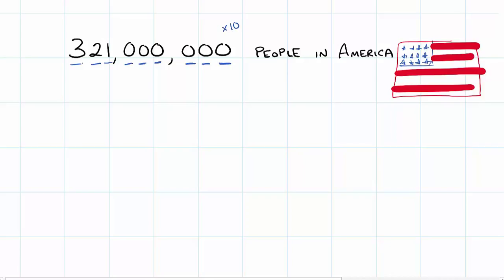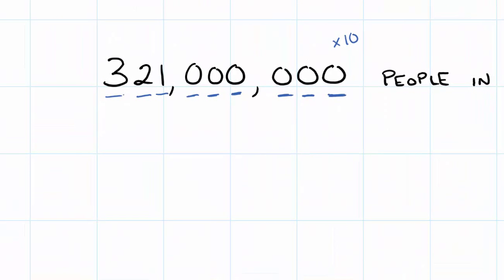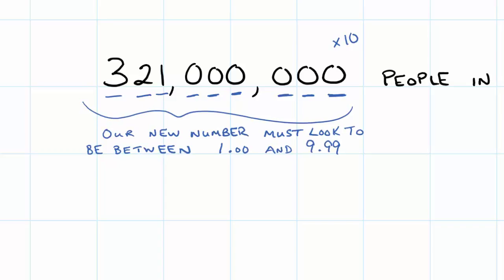Now, if you've watched any of my other tutorials about scientific notation, we know that we have to have a number in scientific notated form that's 1 or bigger and smaller than 10. So how can we take a number like 321 million and shrink it down?